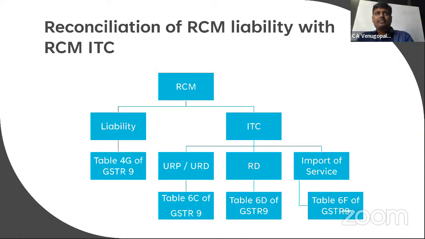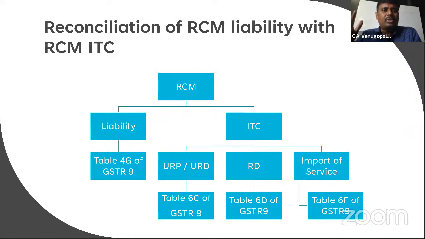A couple of items, additional care before we go to Q&A, is with regards to reverse charge liability. The liability is disclosed in 4G and the credit is availed. If the credit pertains to an unregistered dealer, it will be reported in 6C. If the credit pertains to a registered dealer, how do you know which is a registered dealer and which is unregistered?